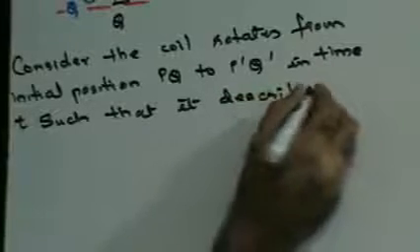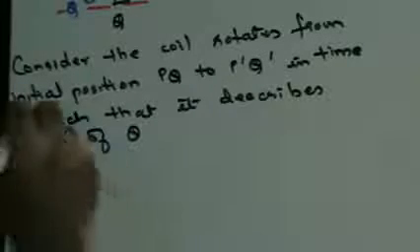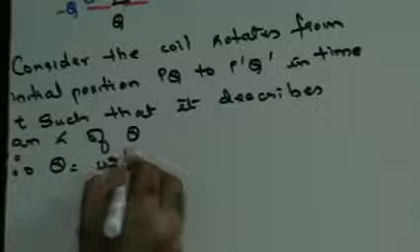In that case, I can say that theta is going to be nothing but omega t. Angular velocity is angular displacement upon time. Therefore, angular displacement will be nothing but angular velocity into time.